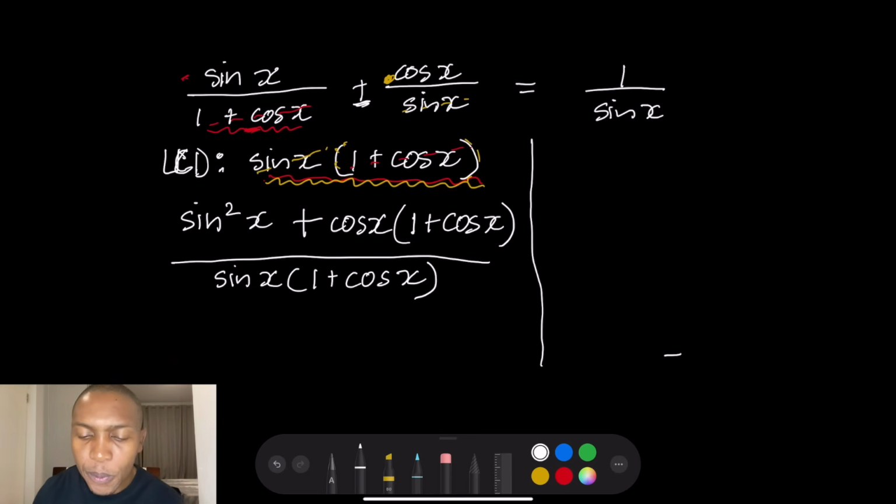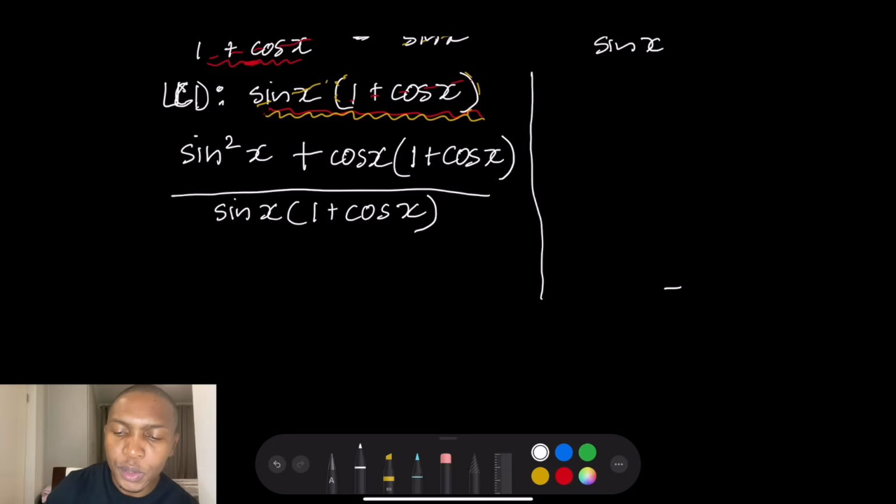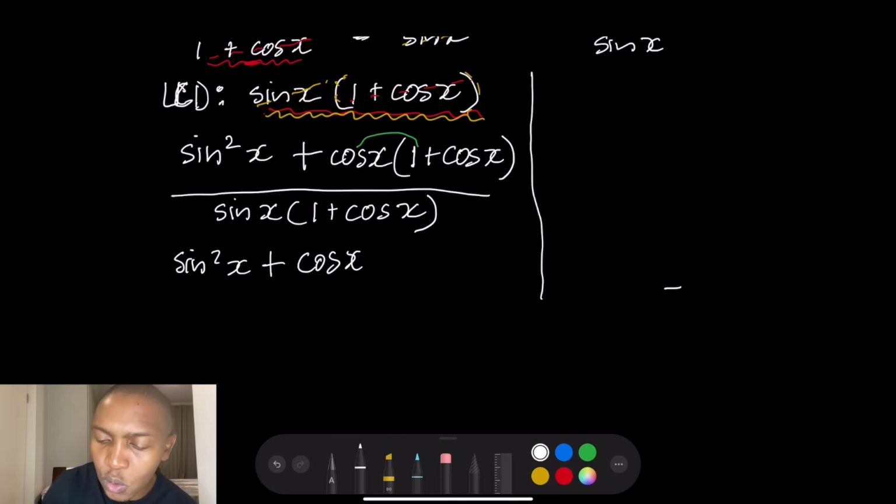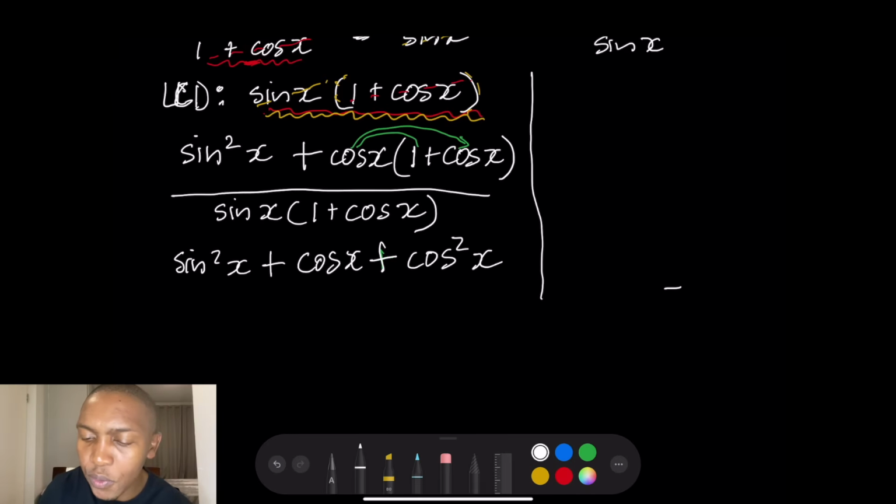Right. So now let's try and simplify that. So I'm going to take the top. Okay, there's nothing we can do there. Sine squared of x plus, so I'm going to multiply into that bracket there, cos of x times 1. That's cos of x. And then cos of x multiplied by cos of x, plus cos squared of x.